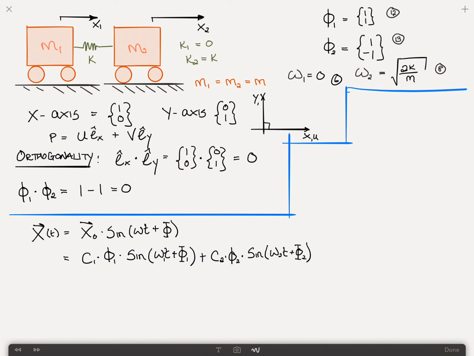And that's the idea, is that I can further go ahead and substitute our known values.